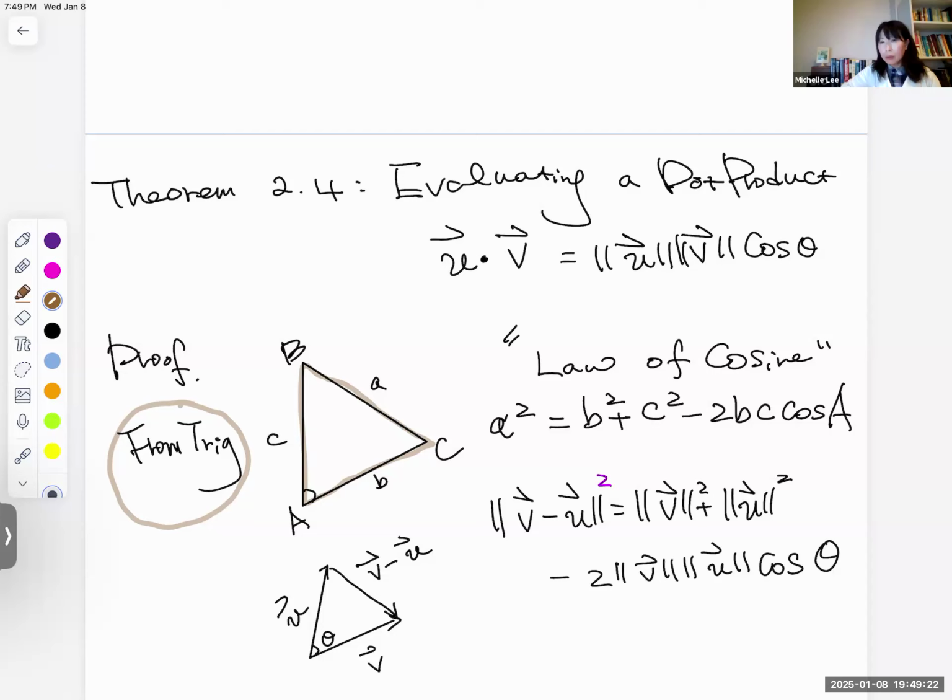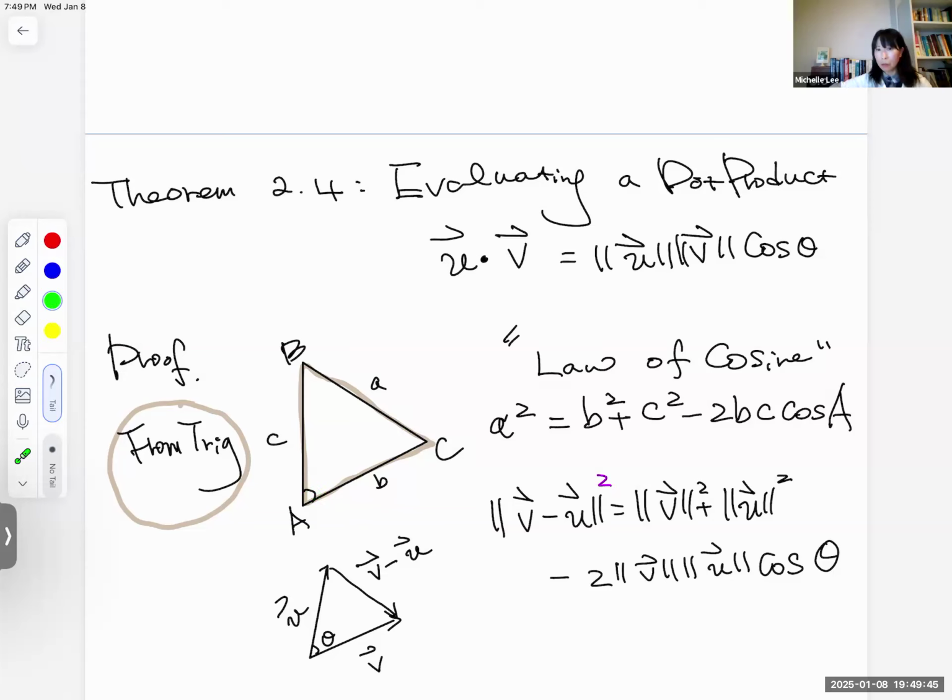we have the law of cosines, right? That formula gives us a squared equal to b squared plus c squared minus 2bc cosine A, the angle, right?